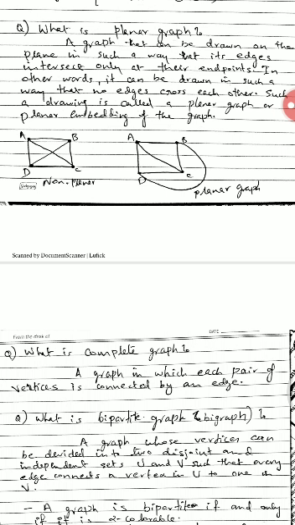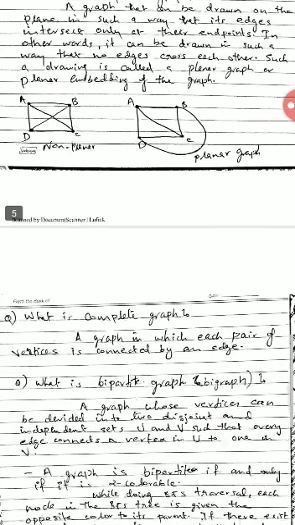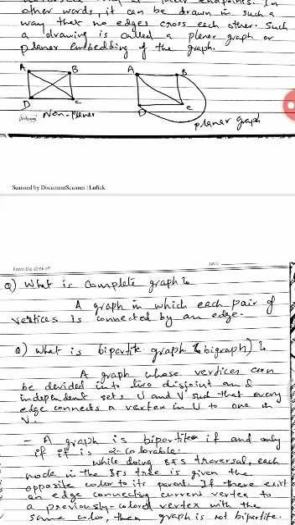Every edge connects one vertex in U and another vertex in V. One more property is a graph is bipartite if and only if it is two colorable.